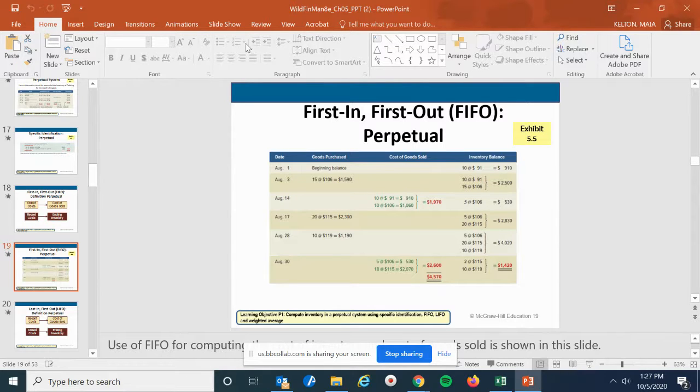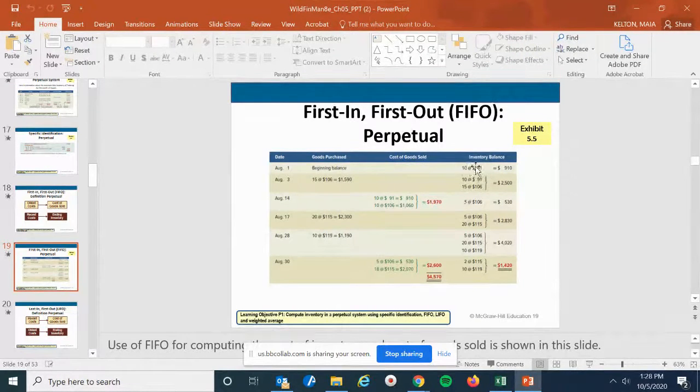Now look at August 3rd. What happens here on August 3rd? They purchase another 15 inventory items, but look at the price. Now the price is $106 per unit. So is this normal? A lot of times this is very normal. The inventory prices are going up.